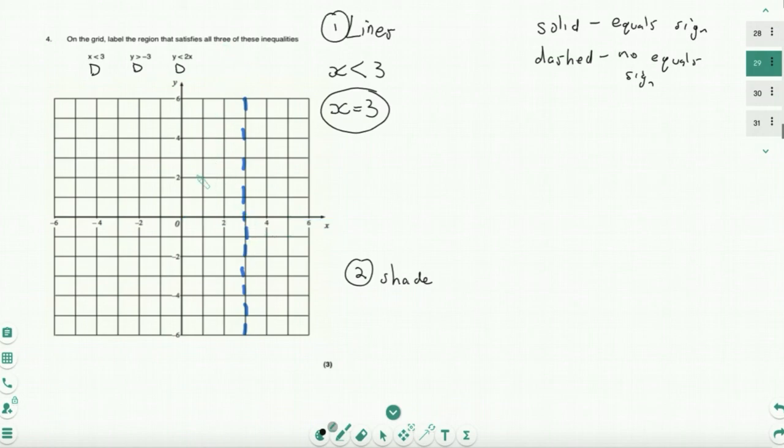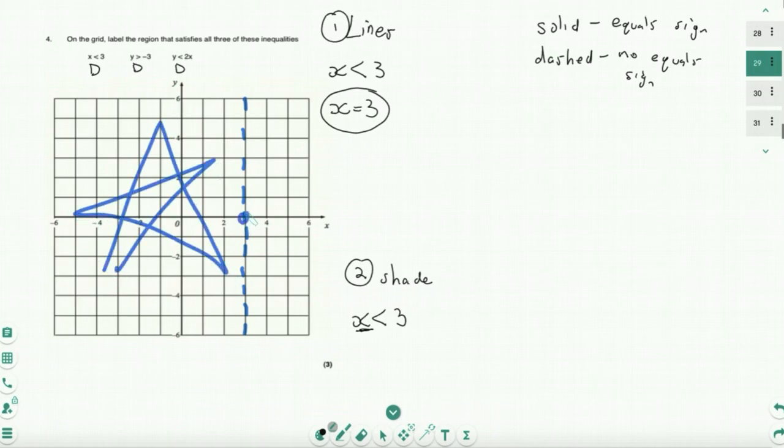Okay, so now that we've drawn the line, now we're going to worry about the shading, okay? So we know x is less than 3. So we want all the x values, or x coordinates. Whenever we think of x, just think x coordinates. So the x coordinates less than 3. So therefore, we want this side here.